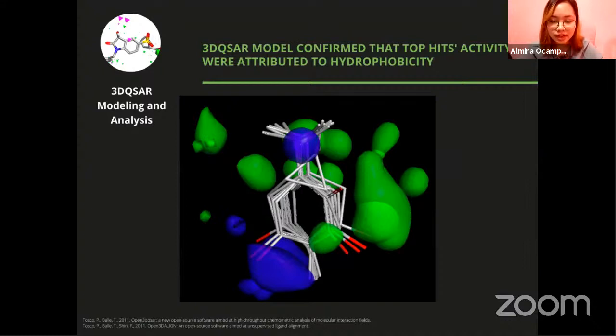Yun yung sinasabi ng model natin. So the model then suggests that the similarity between the top hits' activity, or yung binding nila, was mostly due to their hydrophobic motifs because, as you can see, the model shows a lot of green areas where hydrophobic or steric groups are preferred. And additionally, it also showed that the carboxyl group a while ago in aspartate 114 that interacted with carvacrol acts as a hydrogen bond donor because of the placement of the blue areas.